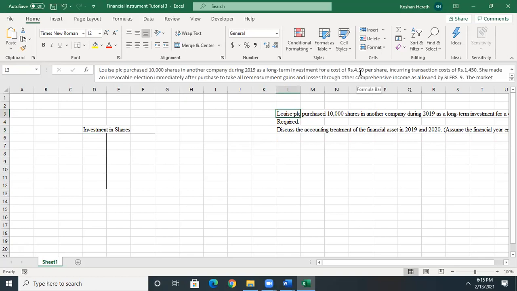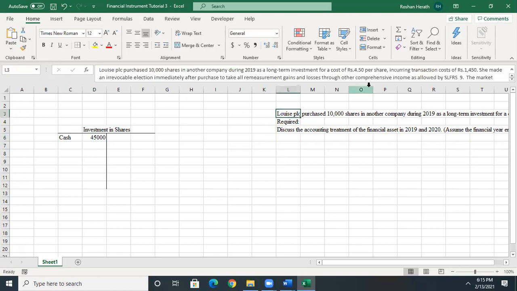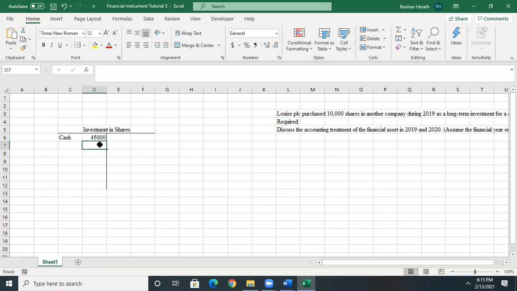It's 10,000 shares at rupees 4.5 per share. So that is the price that you had to pay. It's 45,000. And in that, it involves transaction cost, since it is a financial asset at fair value through other comprehensive income, you need to capitalize the transaction cost as well.